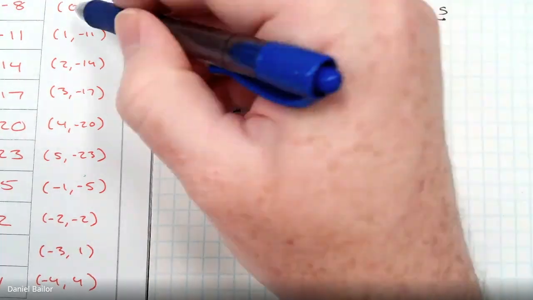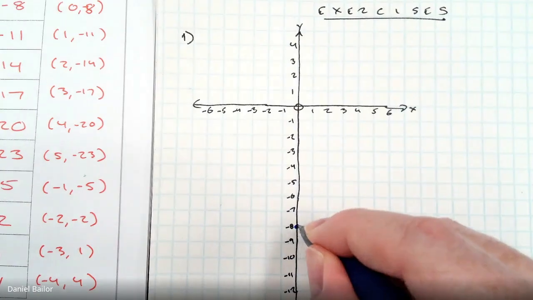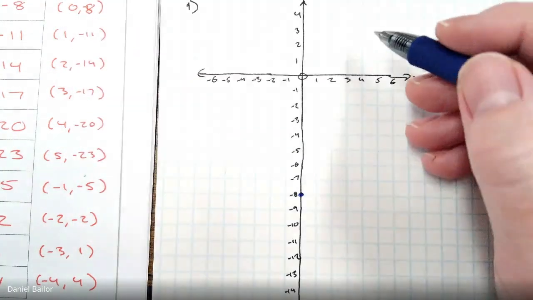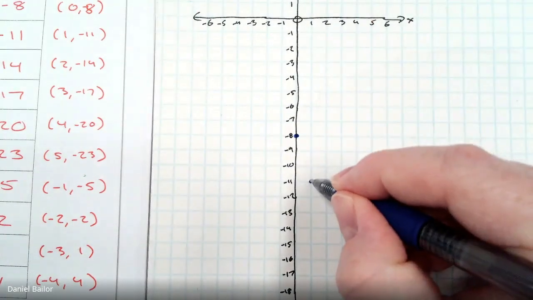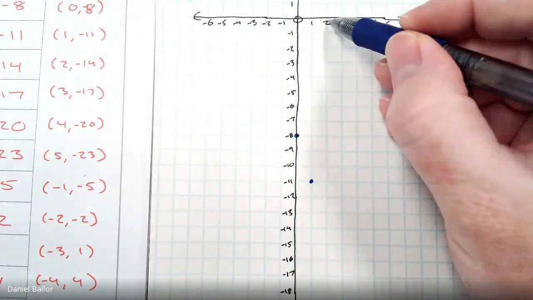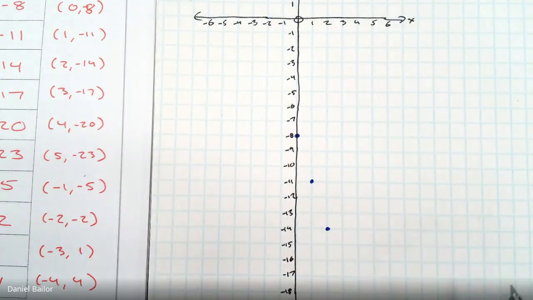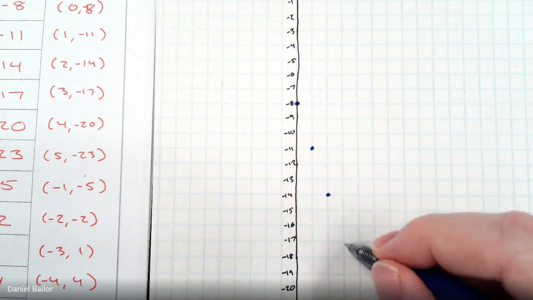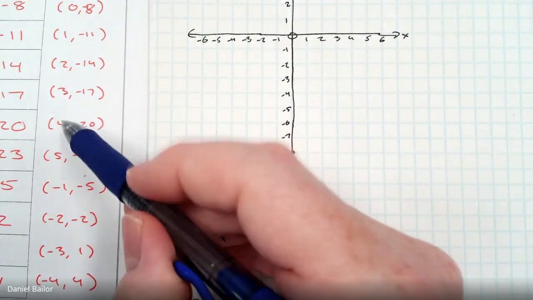Let's graph my points. I have 0 and -8. So 0 on the x, -8 on the y goes right there. 1 and -11. 1 on the x, -11 on the y right there. 2, comma, -14. 2 on the x, and I go down to -14. 3 and -17. 3 on the x, -17 on the y. 4 and -20.